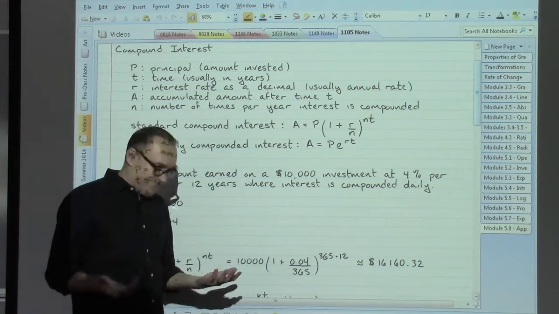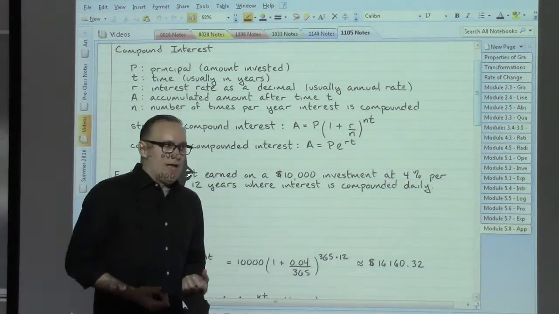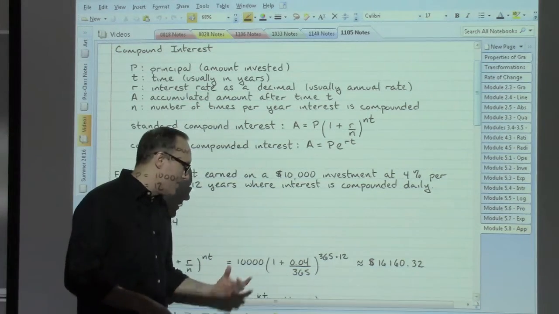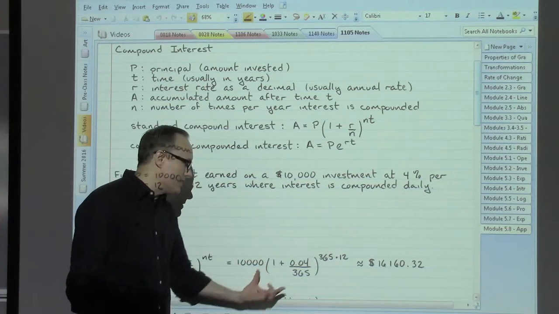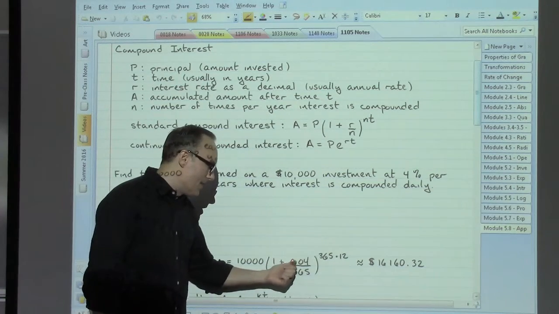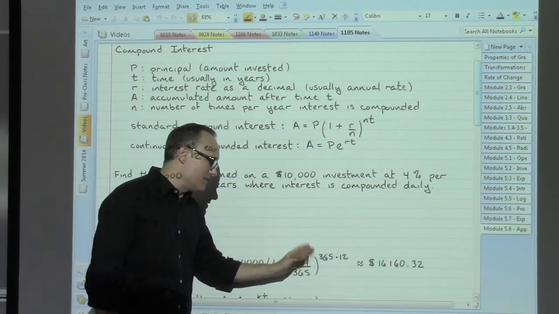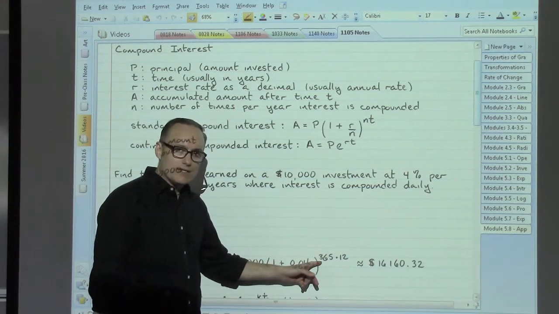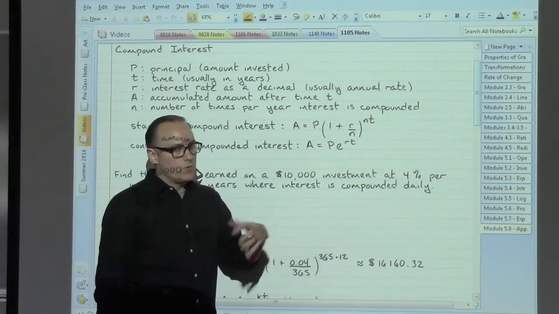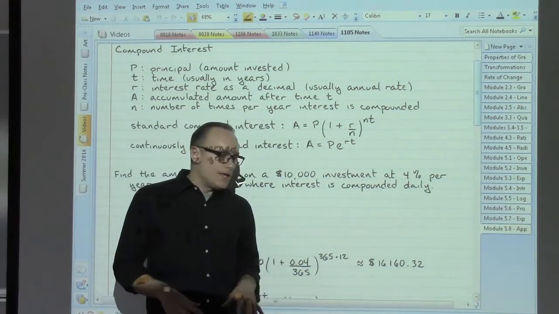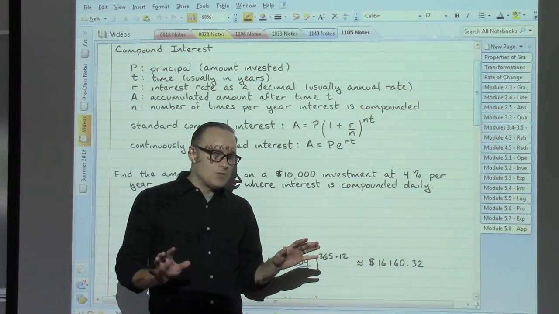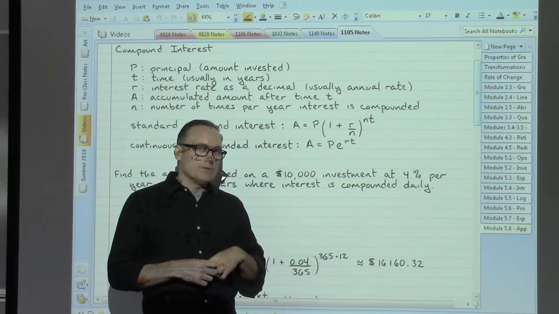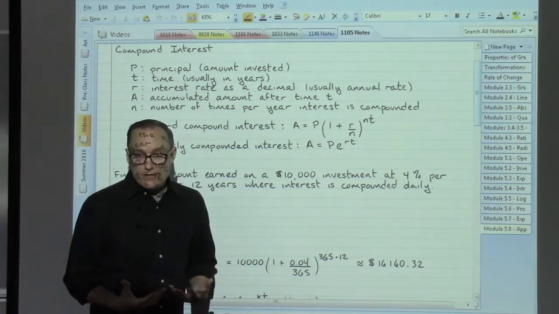So if we're using a modern scientific calculator, especially a graphing calculator, we can type in the 10,000, parentheses, 1 plus 0.04 slash 365, close parentheses. Then we need to tell it that we have a power, so we hit our power button, and then we don't just type in the 365 times 12. Calculator would only use the 365 as the power. Oops, that would be bad news bears.